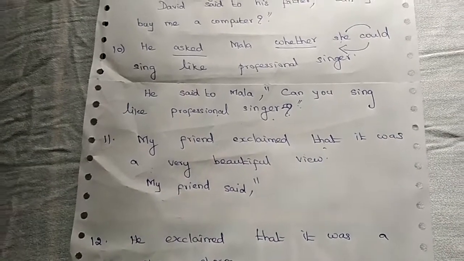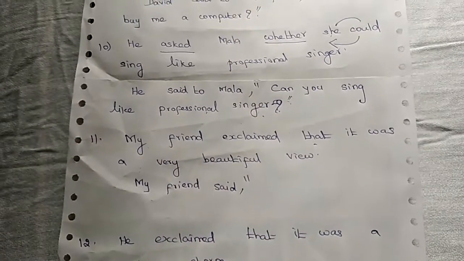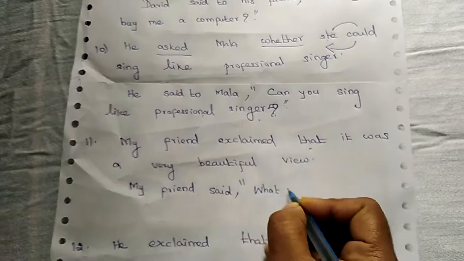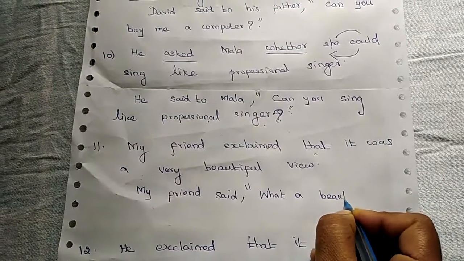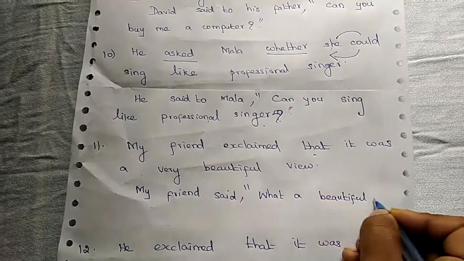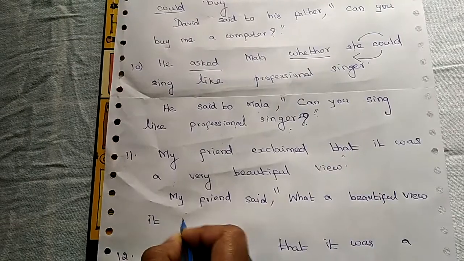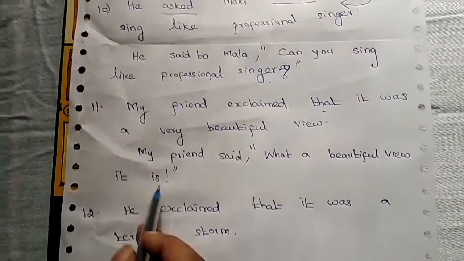Okay. So, you have to start with, so how will you start? We have to start with an exclamatory word. So, we can start with what? What a beautiful view it is. Exclamatory mark, close the quotation. Why are you writing it is?